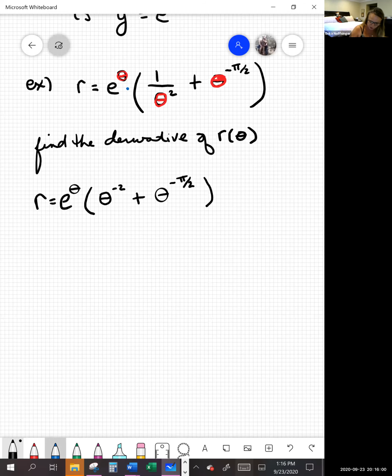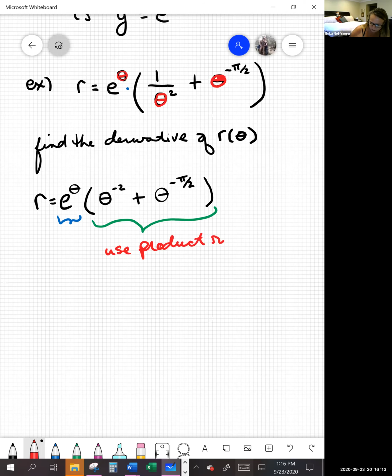Okay, so we need to use the product rule. We said to always do the derivative of the first. The derivative of e to the theta, we just said, is itself, e to the theta.